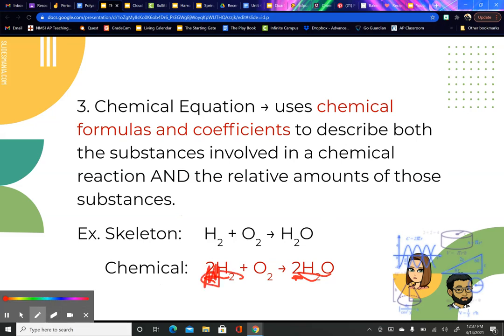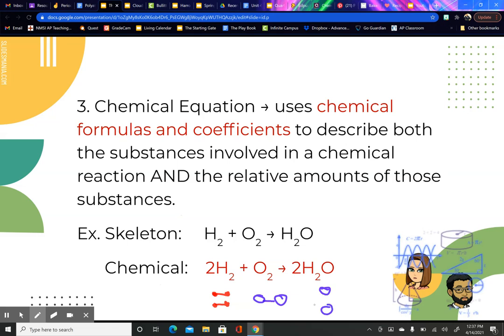If I were to draw this, oops, I thought I was erasing. I was not. To represent it with atoms, like pictures of atoms to show you how it actually works, I could have a hydrogen bonded to a hydrogen, but I would need 2 of those, 2 molecules of H2. And then I would have, let's make these blue, or purple is fine, 1 molecule of O2 where the 2 oxygens are bonded to each other.